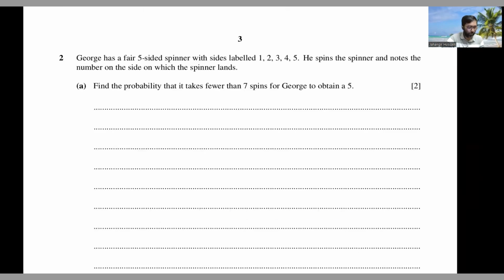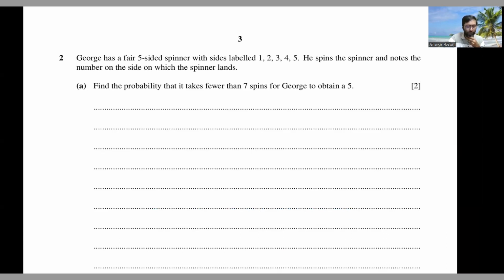In question 2, George has a fair five-sided spinner with sides labeled 1, 2, 3, 4, and 5. He spins the spinner and notes the number on the side on which the spinner lands. Find the probability that it takes fewer than 7 spins for George to obtain a 5.